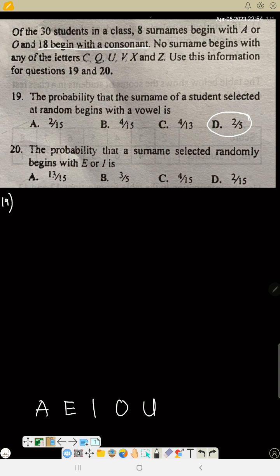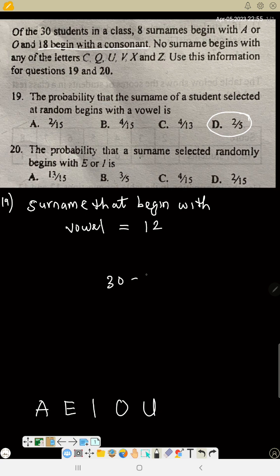Remember from the beginning, we have 8 surnames that begin with A or O. The surnames that begin with a vowel in that class are 12, that is the total number minus 18 that start with a consonant.